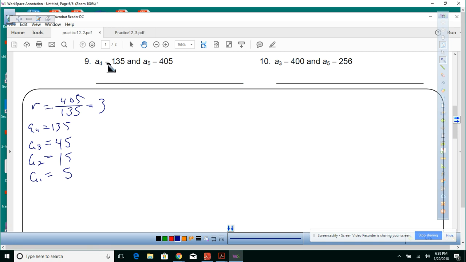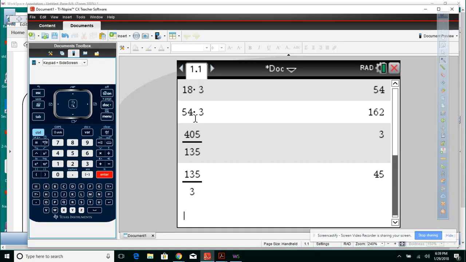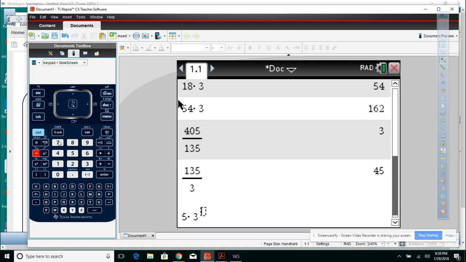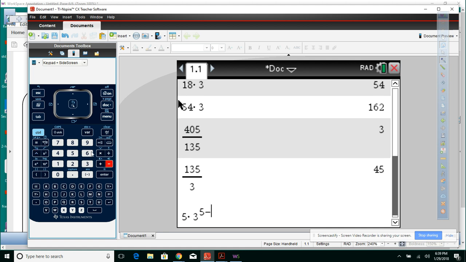All right, so we have f of n equals 5 times 3 to the n minus, well, hold a second, Mr. Carpenter. Are you sure this works? Well, we got a sub 5 is 405, right? So let's put 5 in there. That's our equation. We got 5 times 3 caret 5 minus 1.